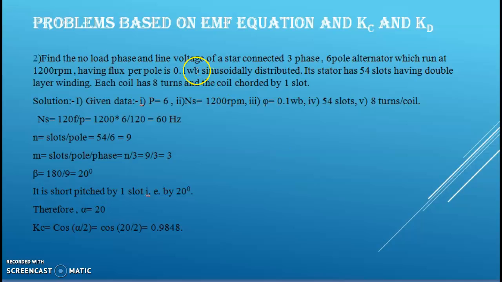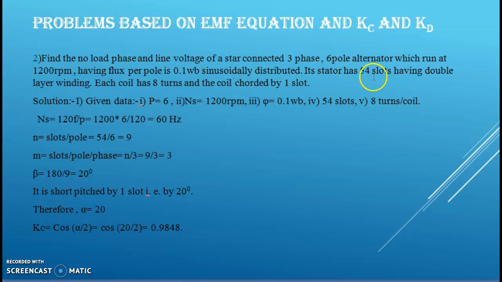Now read the problem. Find the phase voltage and line voltage of a star connected 3-phase 6-pole alternator which runs at 1200 rpm, having the flux per pole as 0.1 Weber, sinusoidally distributed.